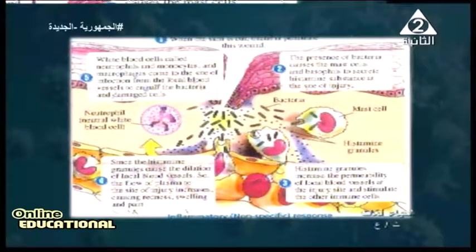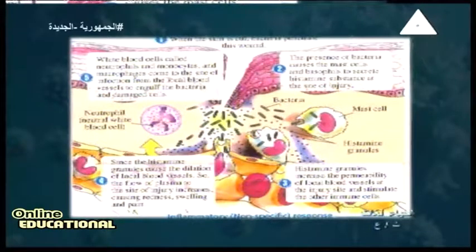What happens to this tissue? If the cut happens, white blood cells come out. This type of white blood cell is called neutrophils, and also other types known as monocytes and macrophages.